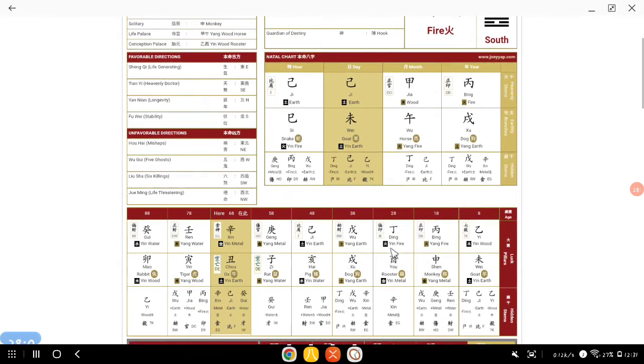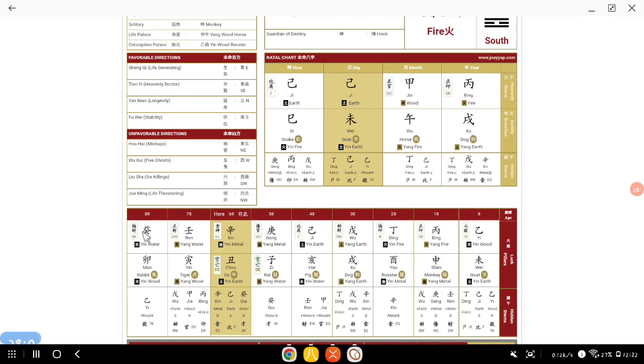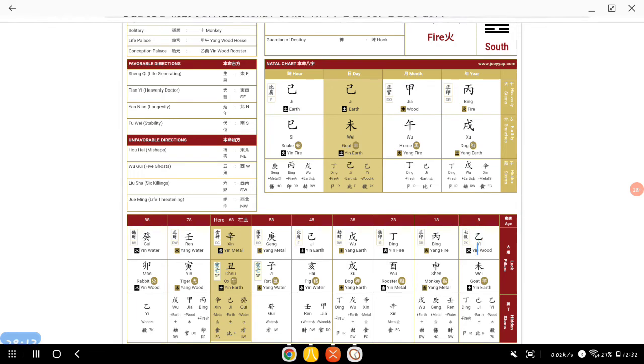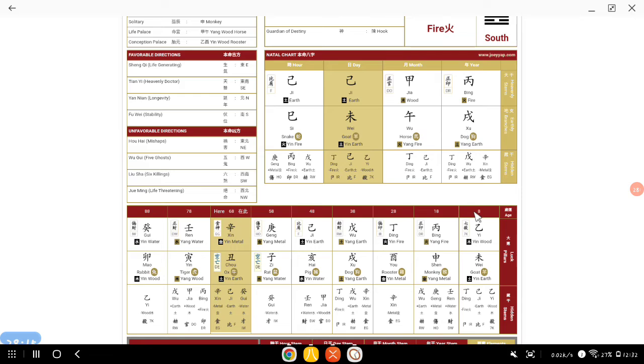After we know that, we need to check the luck cycles. So this is the luck cycle of Donald Trump's four pillars. We can see the first one is wood, which is Seven Killings, and then the earth element and fire, for the 28 to 38 luck cycle, and 38 to 48.